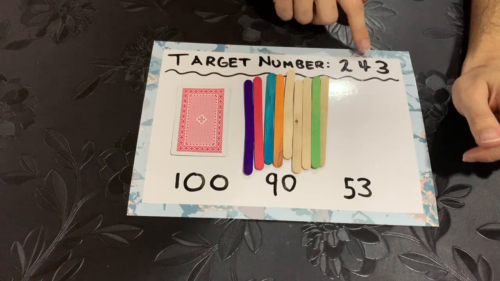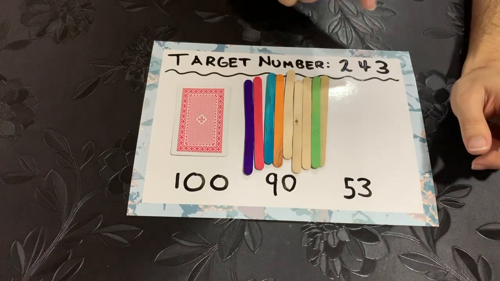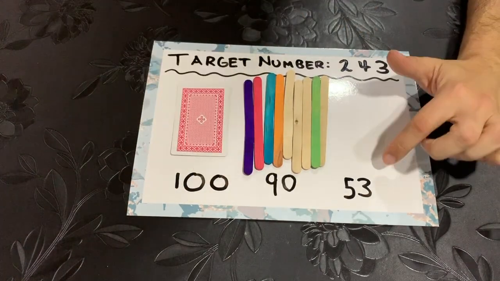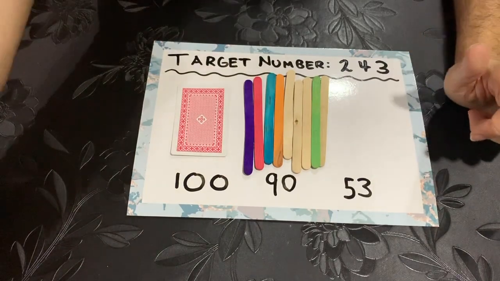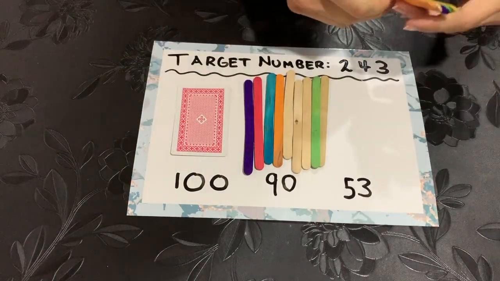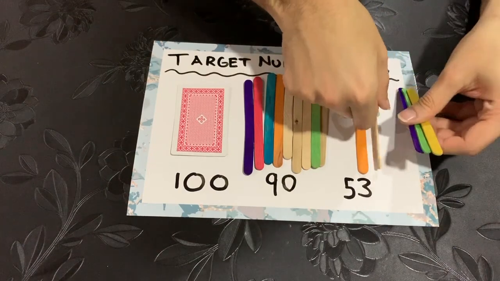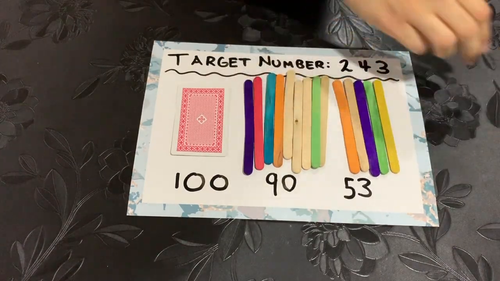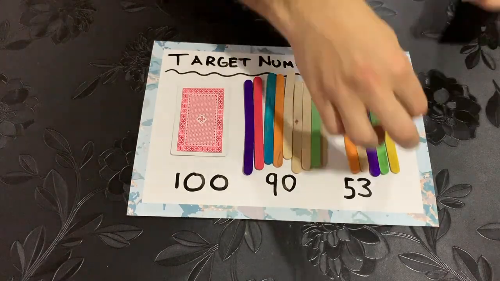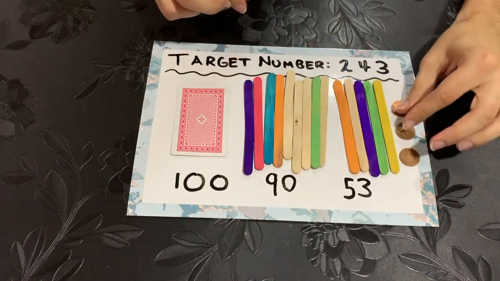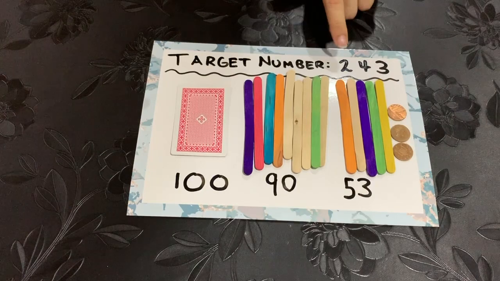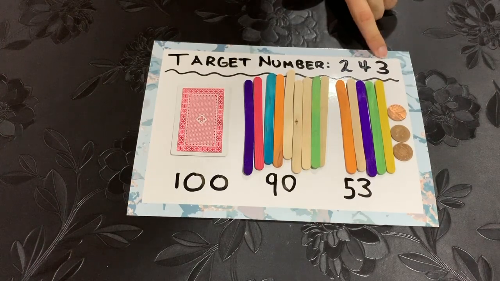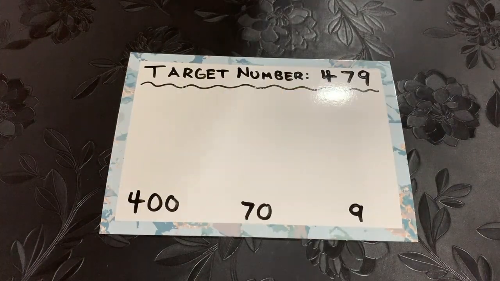So I've got 243 take away 190, which I've worked out to be 53. So I'm going to put my 50 first and my 3. And that makes, again, 243.